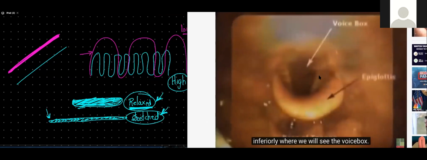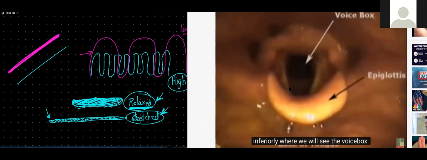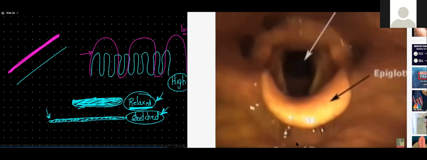What I see on here is my larynx. And remember the cartilage located just above the larynx that's going to be tilting to prevent the passage of food and fluids down into your lower airways. This is going to be the epiglottis. And down here, this is my voice box, my larynx.